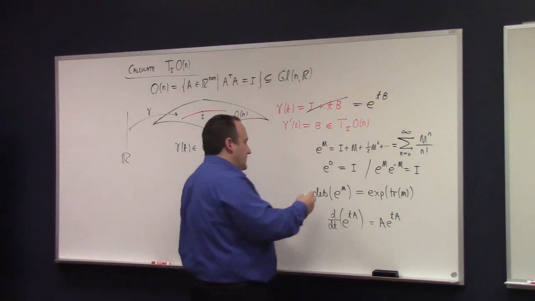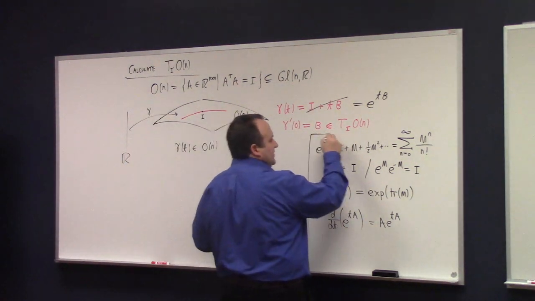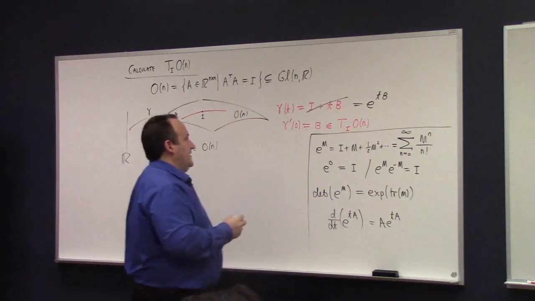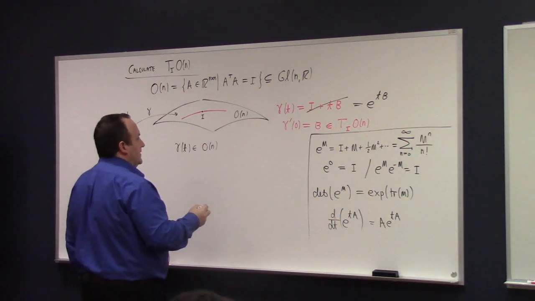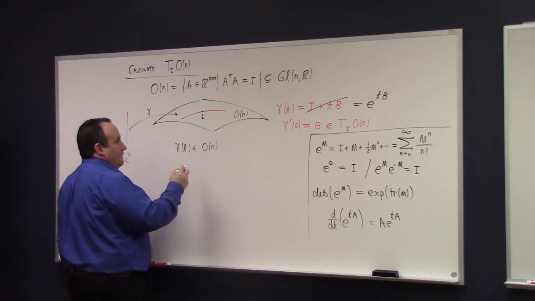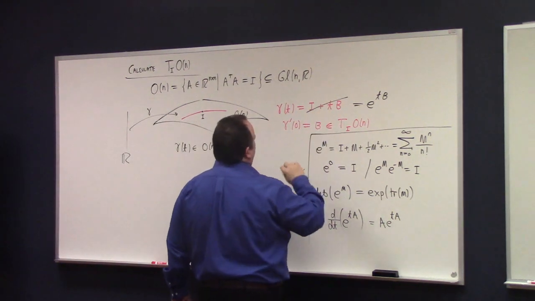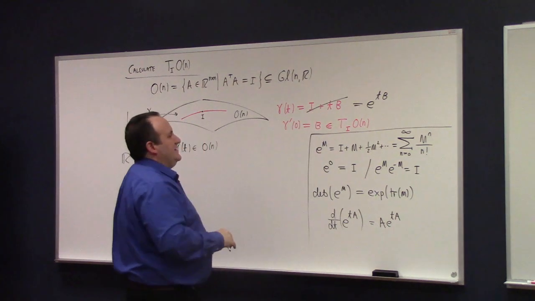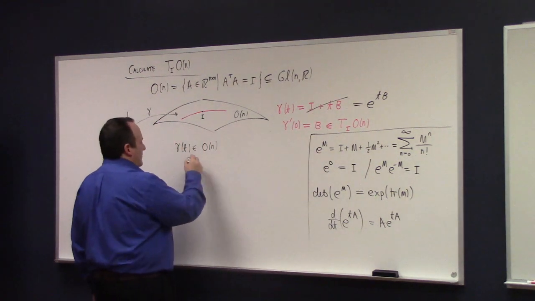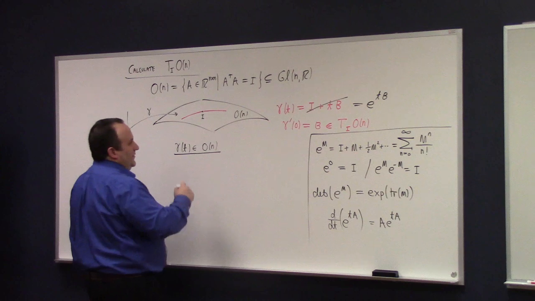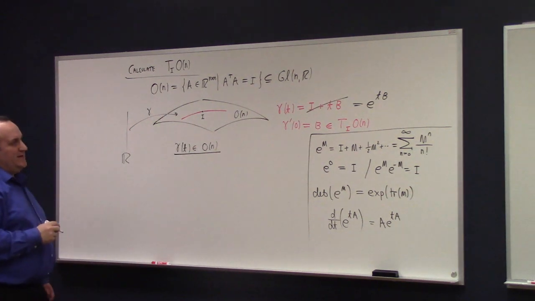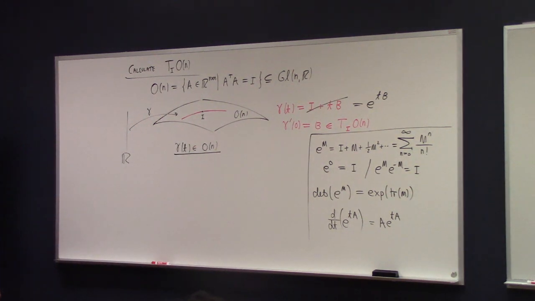And so the matrix exponential is a nice candidate for this. I'm not convinced that gamma of t is an element of O(n) for gamma of t equals I plus tB, which I wrote over here. I just don't believe it.